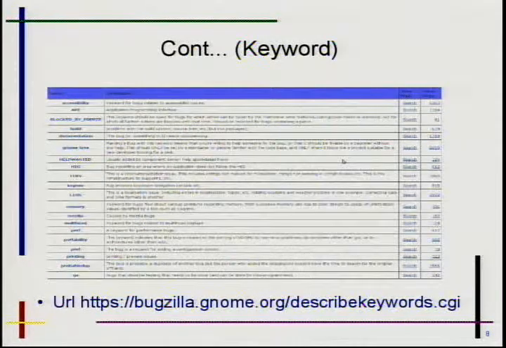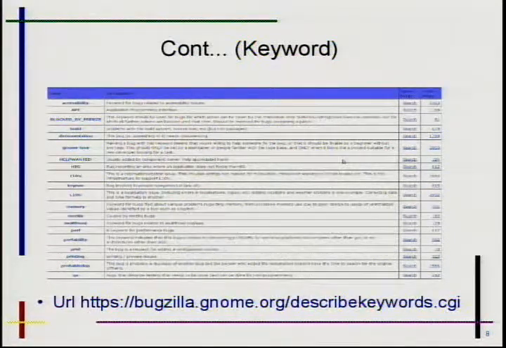Some other keywords are for localization and translation related bugs, which is L10N, and one more is probable dupe. When people are doing triaging, there are thousands of bugs, so maybe they know that the bug which is filed now is already there in Bugzilla, but they may not be able to find the original bug.